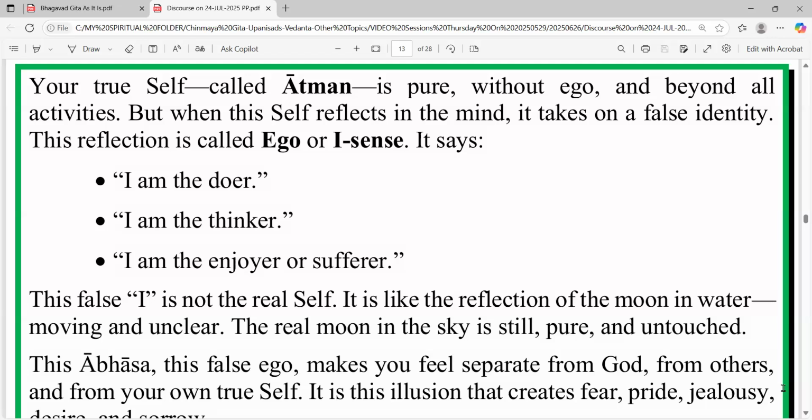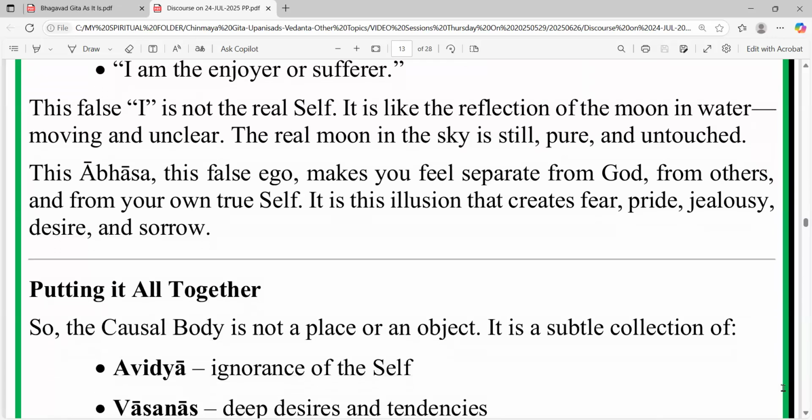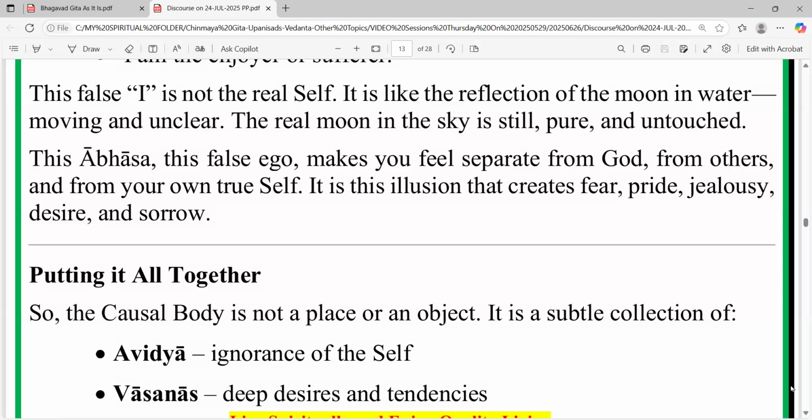This reflection is called ego or I sense. It says to you, I am the doer, I am the thinker, I am the enjoyer or sufferer. This false I is not the real self. It is like the reflection of the moon in water, moving and unclear. The real moon in the sky is still pure and untouched.